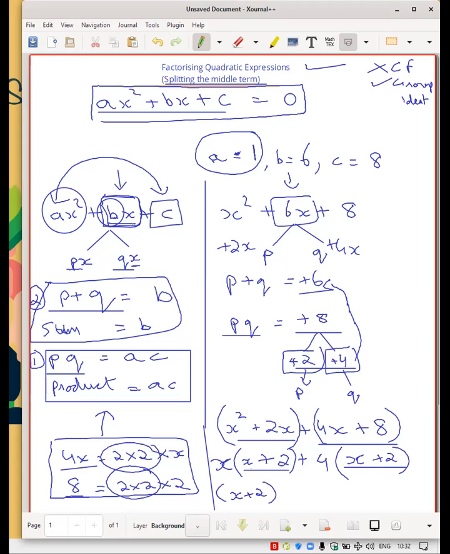X into x plus 2 divided by x plus 2, what are we left with? You've already done this earlier. X plus 4, because 4 into x plus 2 divided by x plus 2 will be left with 4. So this is our final factors. We will do another one. It will be clearer. Any doubts so far?